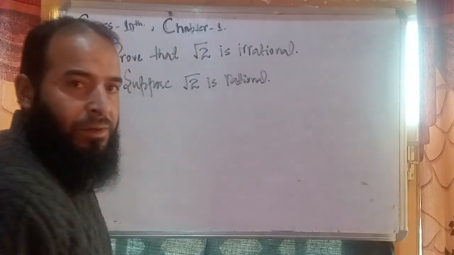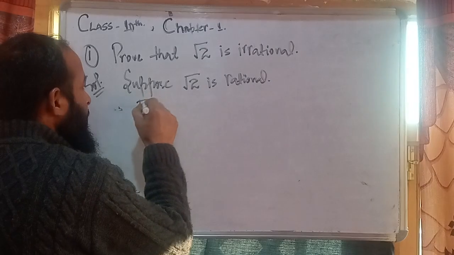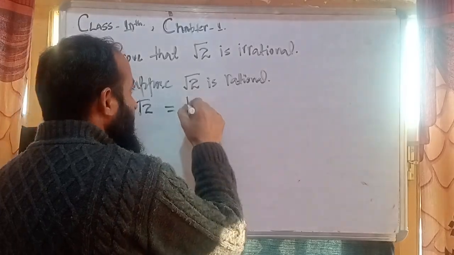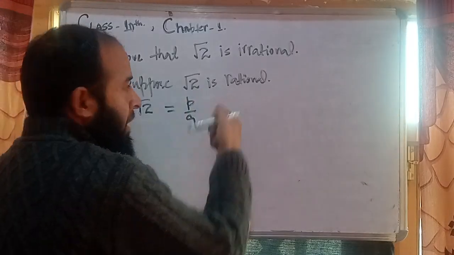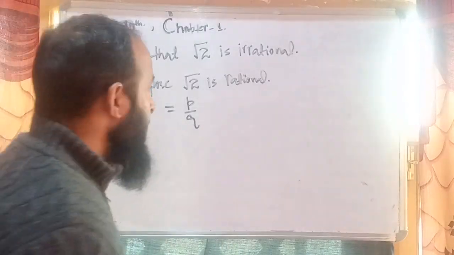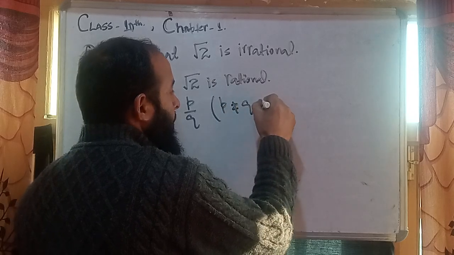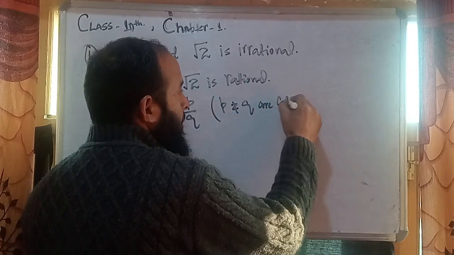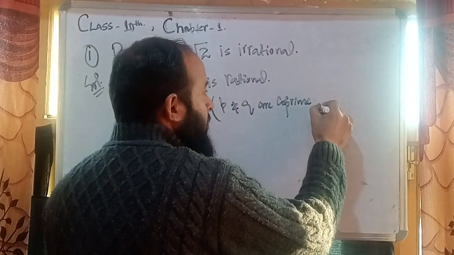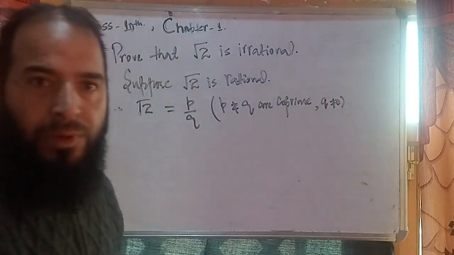When root 2 is rational, root 2 can be expressed as p by q. Because root 2 is rational, it can be expressed in this form by definition, where p and q are co-prime, and also q is not equal to 0.